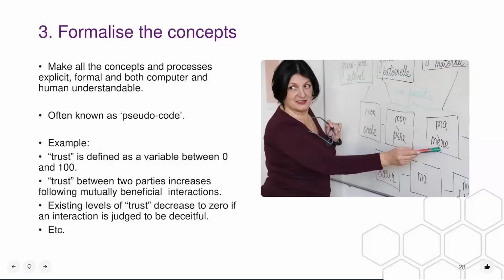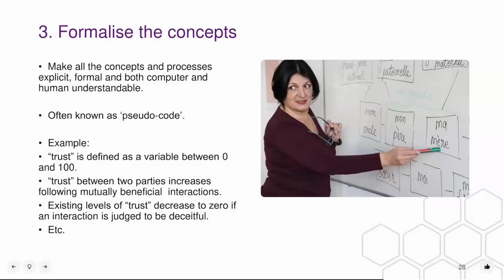So for example, maybe your research question focuses on trust, which is a very social sciencey sort of concept. And maybe your goal is to get a computer to be able to measure it or to model it or even represent it in a situation. So you're going to have to look at how you define that concept, trust, in a way that a computer would understand. So maybe if you're doing some sort of simulation, you might define trust as a variable between 0 and 100.